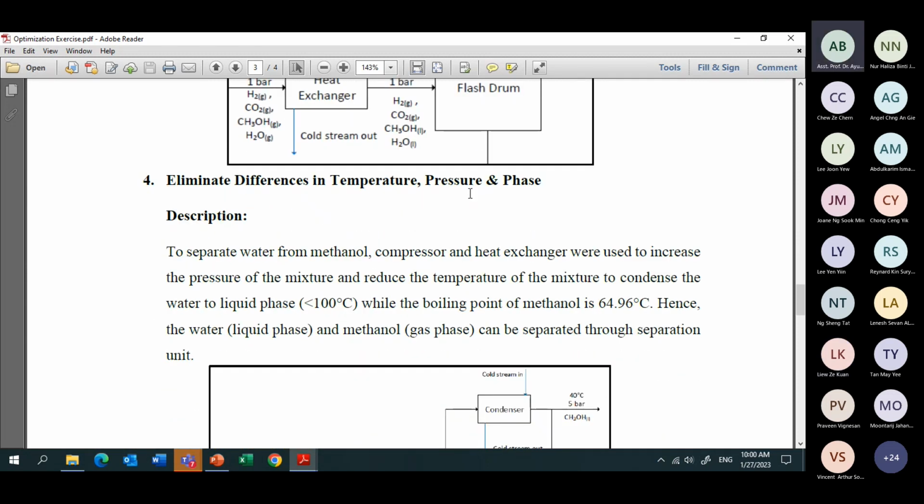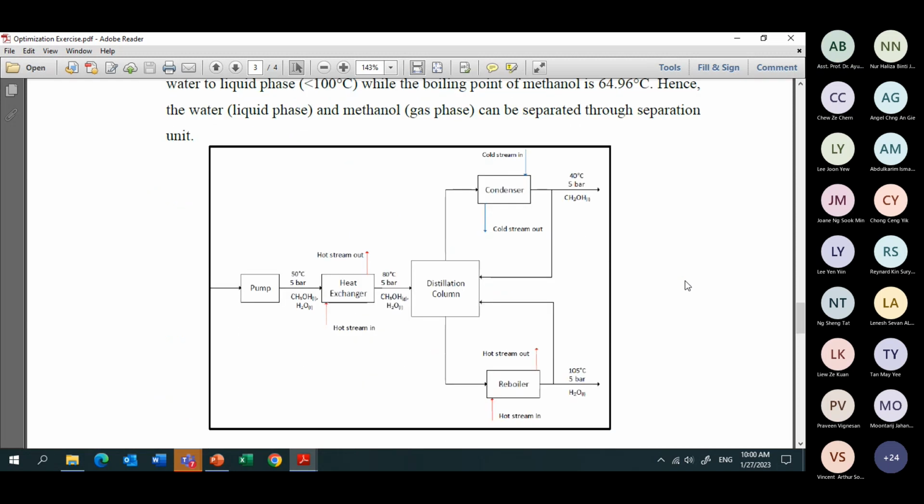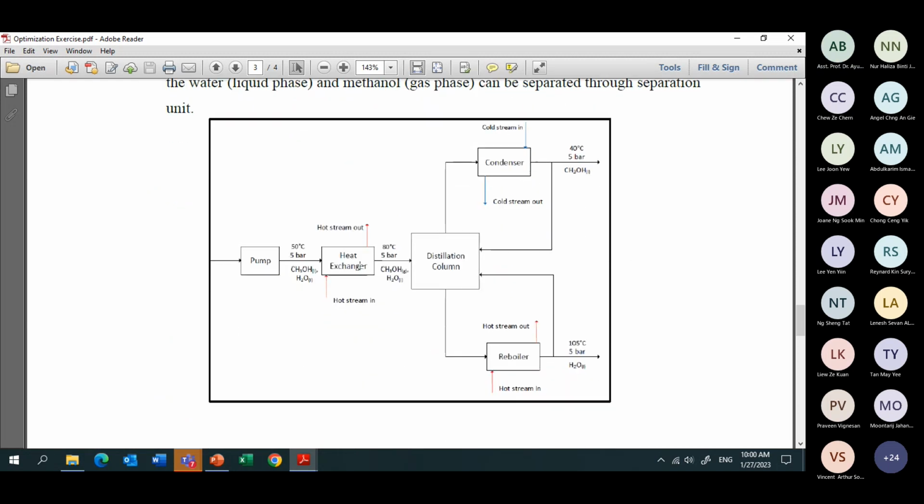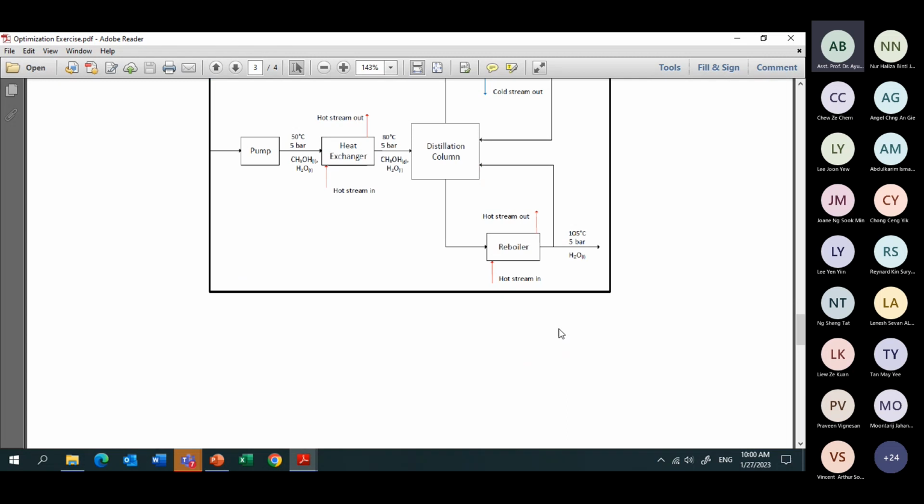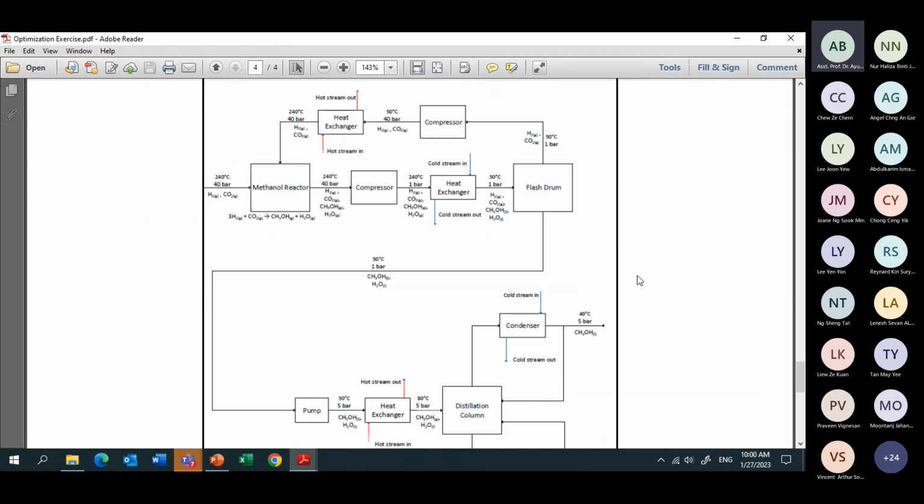So number 4 is T, P and phase. Okay, heat exchanger to increase temperature, condenser for phase change and also temperature, reboiler for temperature change. Okay, good. Now task integration.